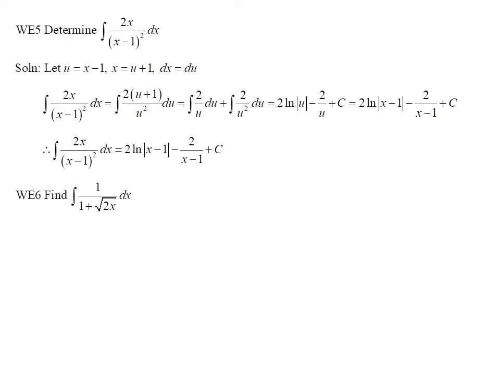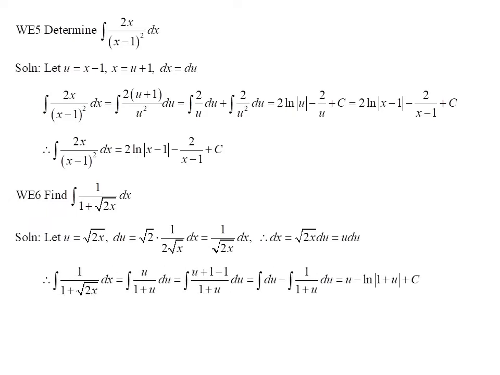Example 6 here is to find the integral of 1 over the sum of 1 and square root of 2x dx. In this question, we let u equals square root of 2x, so du equals the reciprocal of square root of 2x dx. So dx can be written as u du.